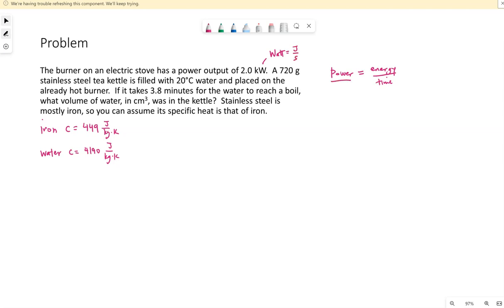So we know this power, and we're given the time as well. Knowing the power output and the time, we can figure out how much energy is put into this system, which consists of the kettle and the water.